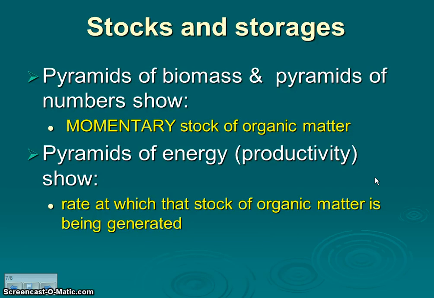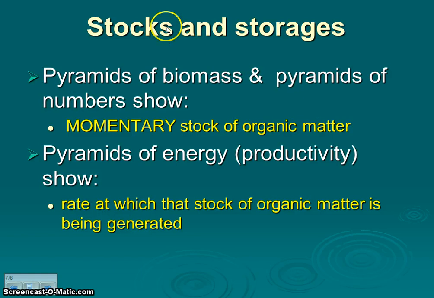We've been talking about stocks, but we're not really defining it, right? So a stock is a place where mass or matter is held, whether it's water or just carbon-based organic material. And storage pretty much means the same exact thing. They're synonyms. So a pyramid of biomass and a pyramid of numbers show momentary stock of organic matter. How many organisms are in the environment?